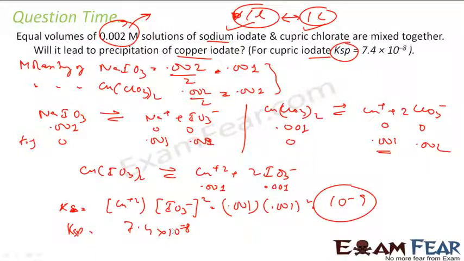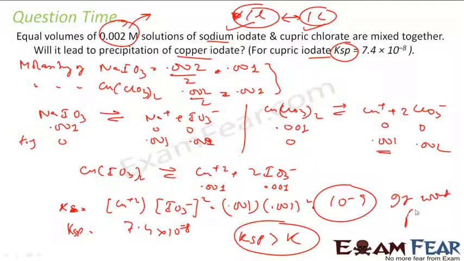And you see here, Ksp is more than the ionic product. Since Ksp is more, it won't precipitate. If Ksp would have been less, this would have precipitated.